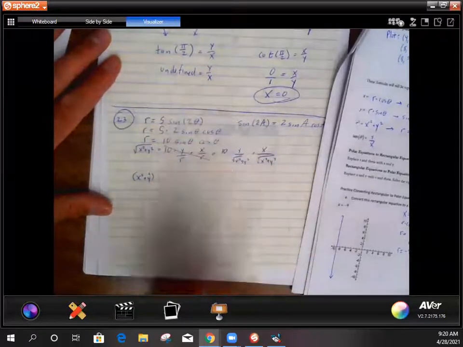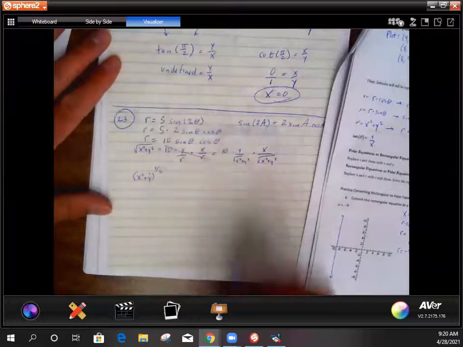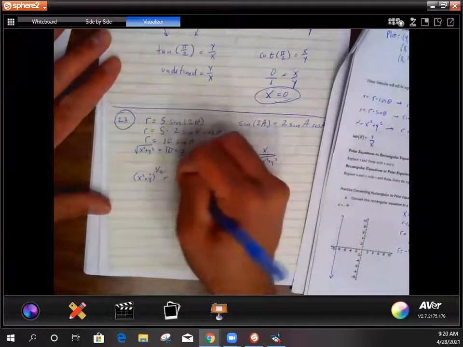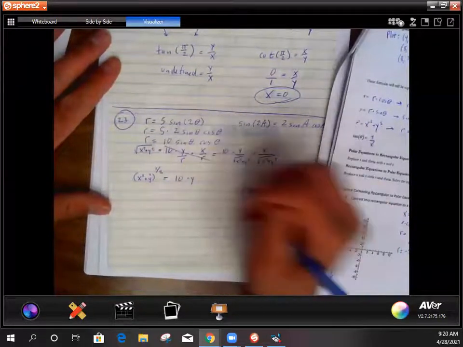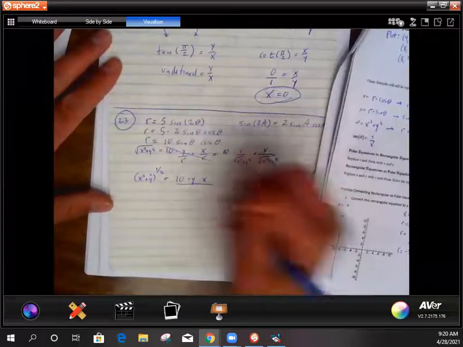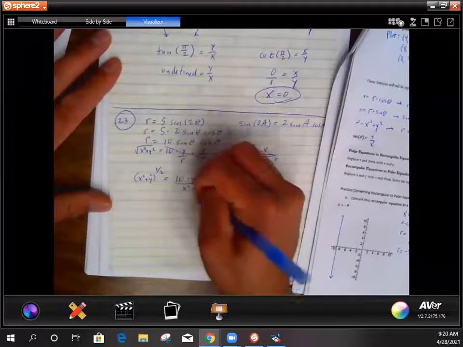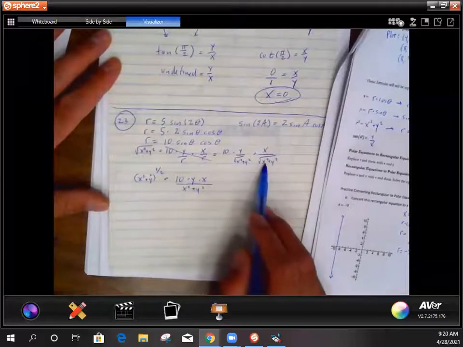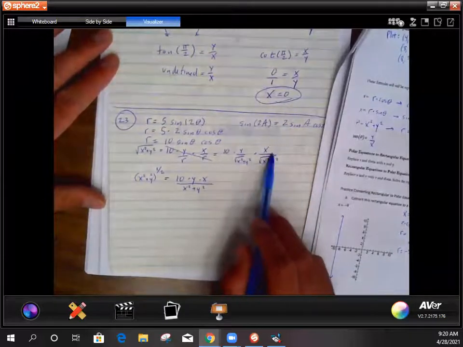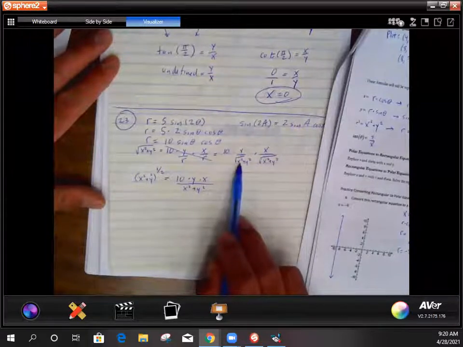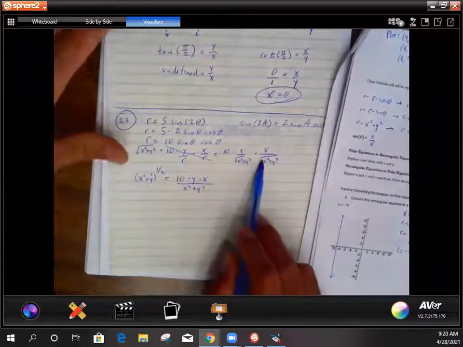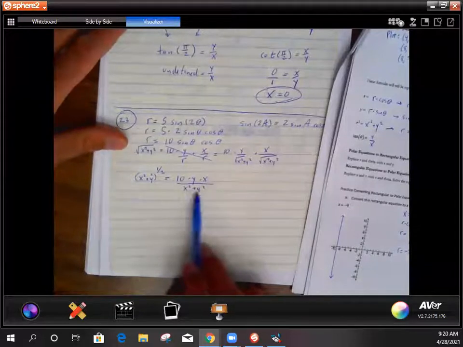So this would be (x squared plus y squared) to the 1/2 power equals 10 times y times x all over x squared plus y squared. Because when you multiply these three together, you multiply across. You multiply the numerators together, 10xy or 10yx, and then radical x squared plus y squared times radical x squared plus y squared is just x squared plus y squared.